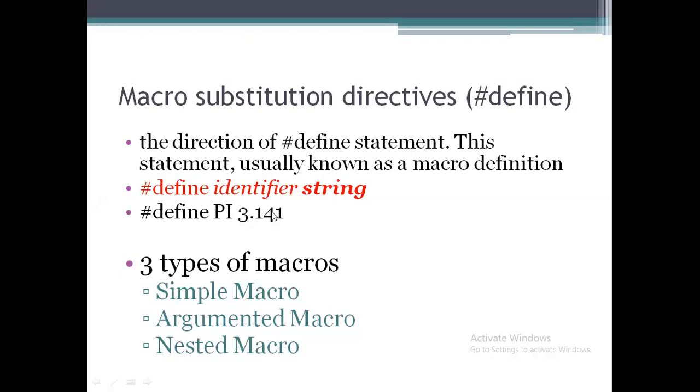Broadly, there are three types of macros. The first is the simple macro, the second is the augmented macro, and the last is the nested macro. The word nested is a repeated word in C programming, and the same scenario applies here. Let us start with the simple macro.